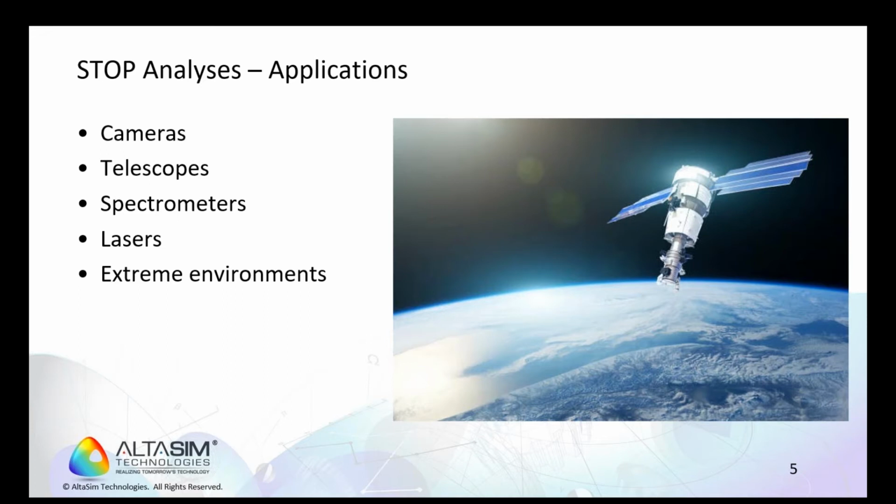And space is an excellent example. It's an extreme environment. The thermal loads can be significant, and even the mechanical loads can be important. You think about how tight the tolerances are for space-based optics, and then also the realization that you've got to minimize weight, which is going to produce lower stiffness structures generally, which can end up producing larger displacements.